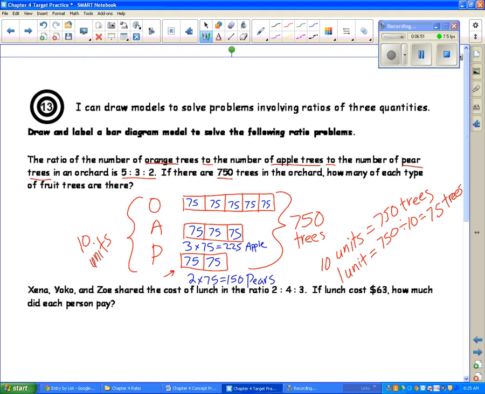And oranges are 5 units and 75 trees per unit, so 5 times 75 is 375 orange trees. Right, so that's solving a ratio problem with 3 parts using a bar diagram.